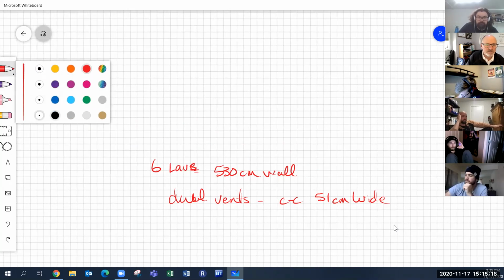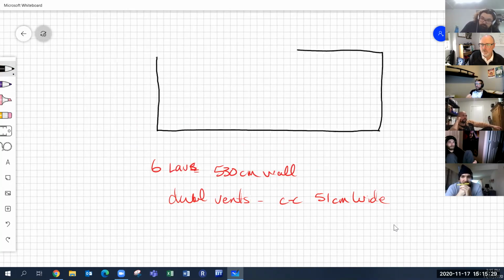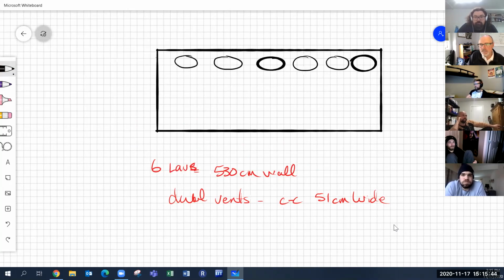Let's see if we can at least draw something out relatively square. Not going to make any promises. Okay, so we have 1, 2, 3, 4, 5, 6 labs. They're not equally spaced, but pretend they are.